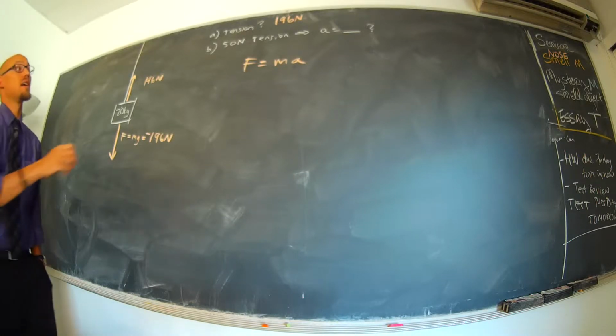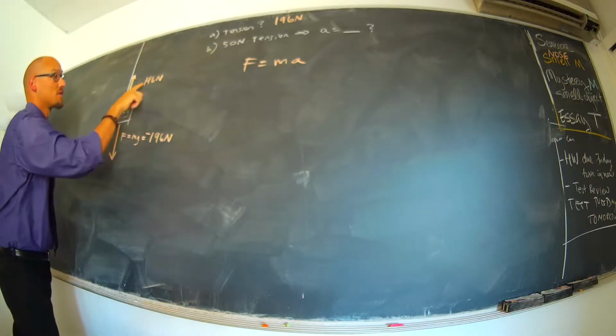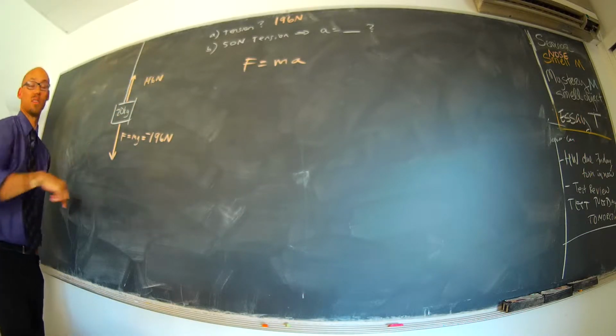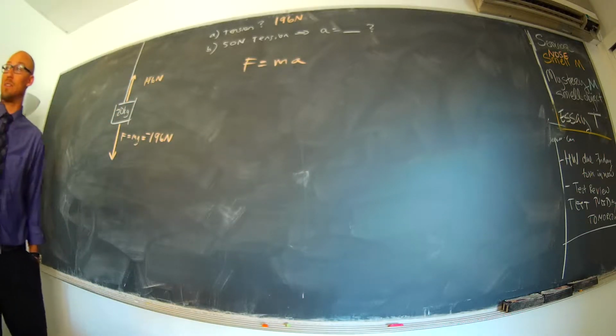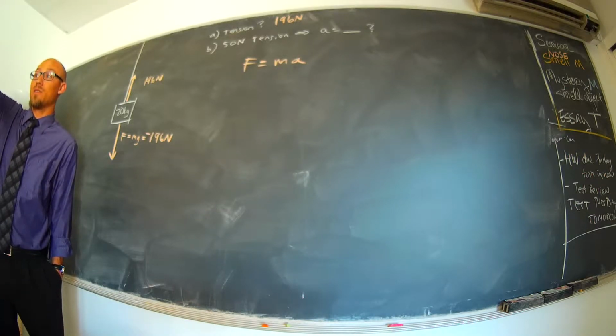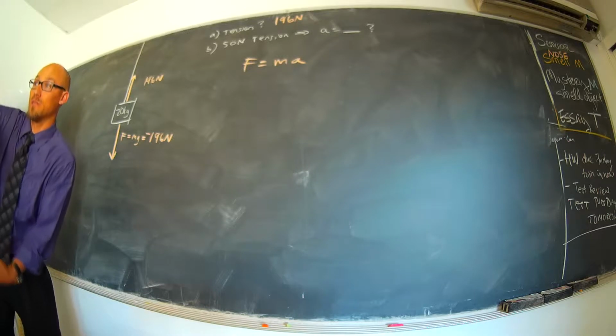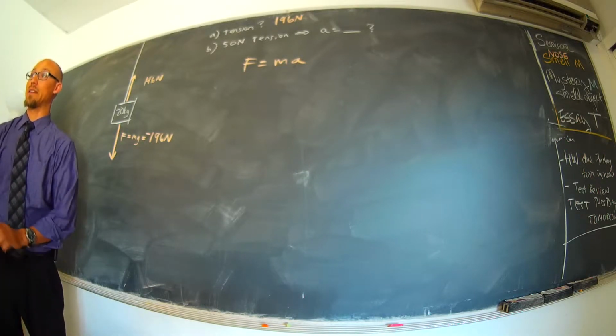Now it says, if there's only 50 newtons of tension in the rope, then how fast will this thing be accelerating? Because we need 196 newtons to keep that thing from going anywhere. But if there's only 50 newtons, it's going to start accelerating downward.